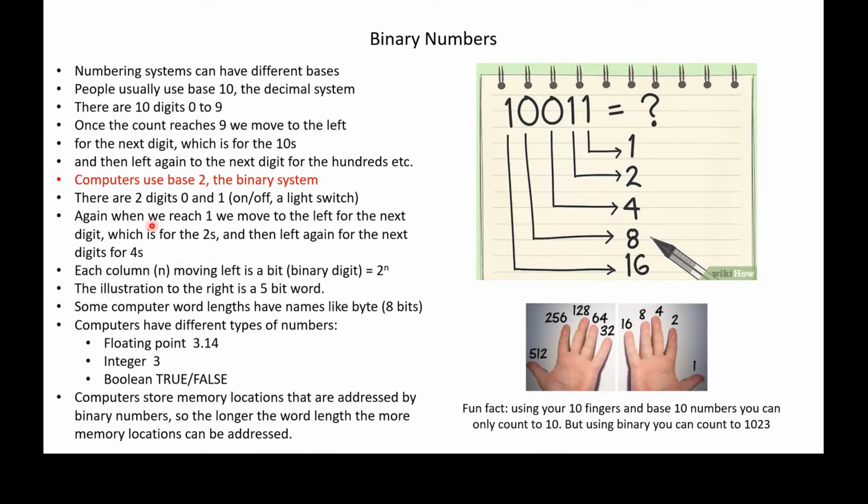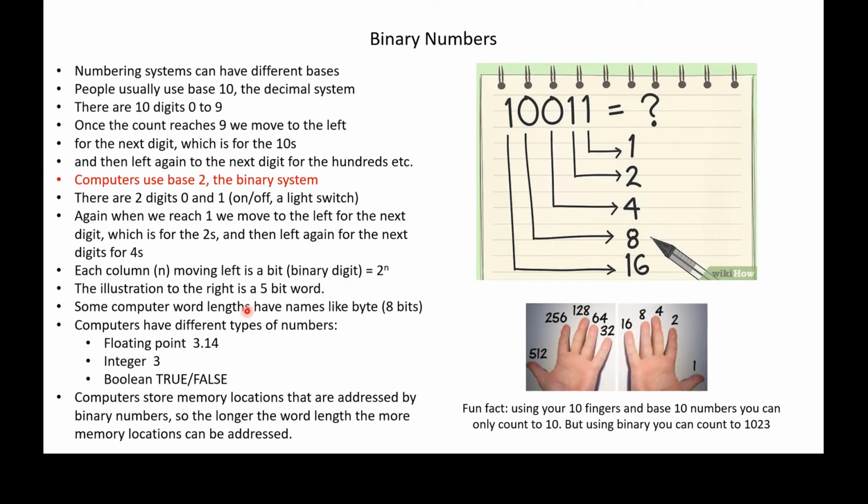So what we've seen is that, yes, we move from the 2s to the 4s to the 8s to the 16s for each digit. So each column, which we will label n, moving left, is a binary digit, a bit. And so its value is 2 to the power of n. That's a 5-bit word.